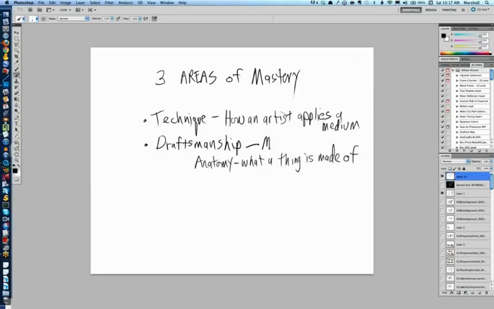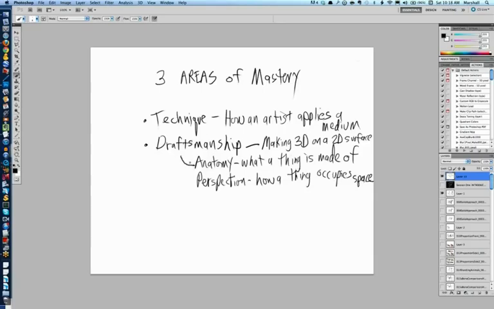Draftsmanship is making 3D on a 2D surface, and it's done with three things: anatomy, perspective, that's how a thing occupies space, and one other thing.